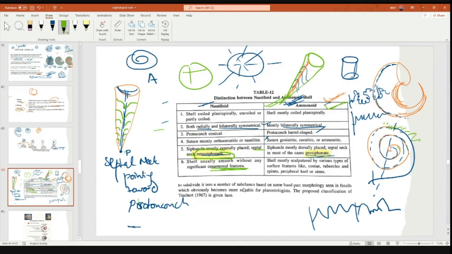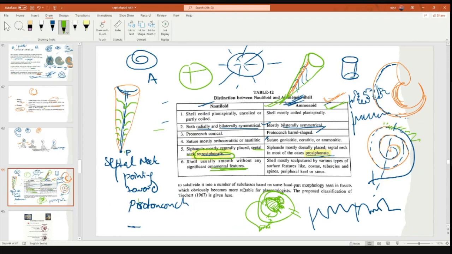All the ornamentation, not only in cephalopods, even in gastropods, whatever ornamentations we saw, they were at the spire side, right, remember: costae, ribs or ribbons, and all those kinds of digitation and spires, mainly at the external surface.